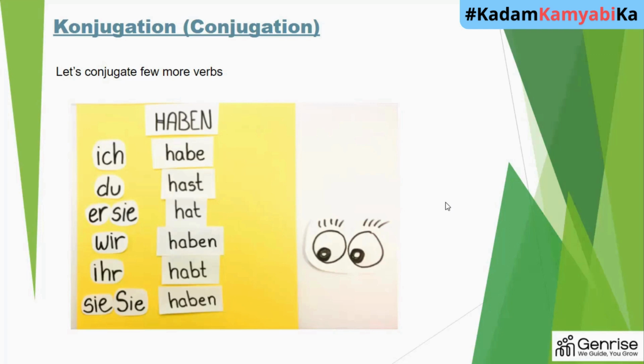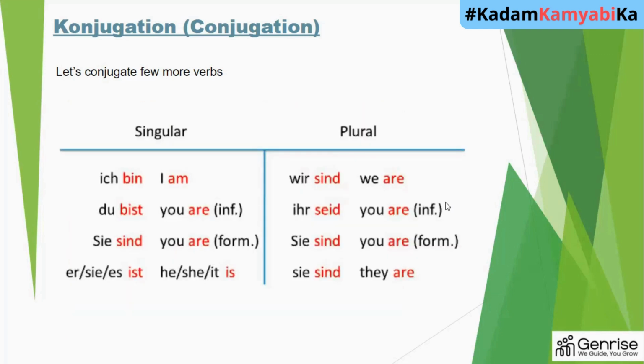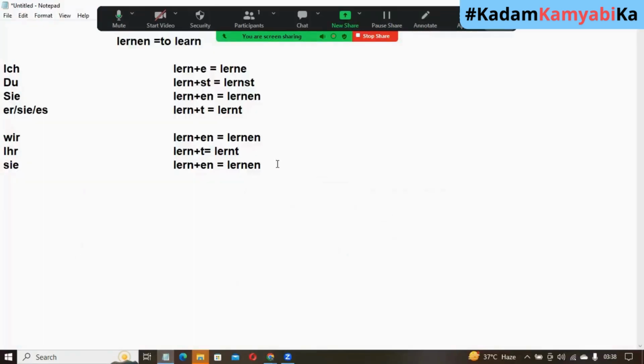Moving further, we'll cover one more important word, which is sein, to be. In English, we do say I am, you are, he is, she is, they are, you are. So in German also, we have this verb sein, which means to be. The conjugation will be ich bin. What is the name of the verb? I'm just typing for you so that you don't get confused.